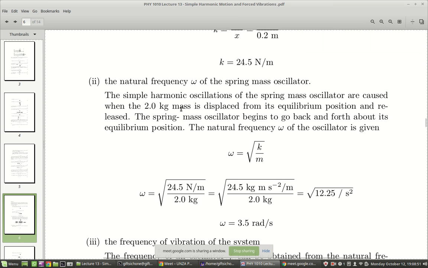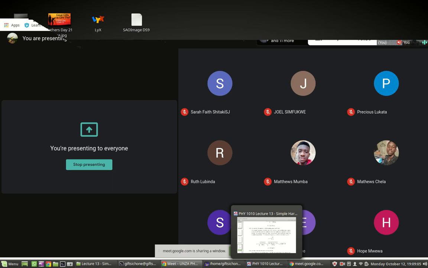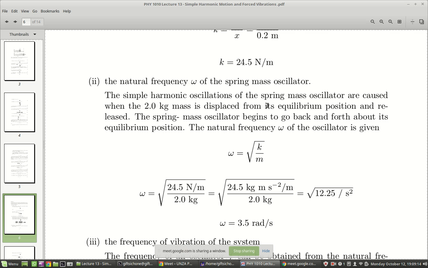The natural frequency omega is equal to the square root of K over M. K is what you have found here, 24.5 newtons per meter. M is the mass when this mass is vibrating. The mass we have attached to the spring is a 2 kg mass.